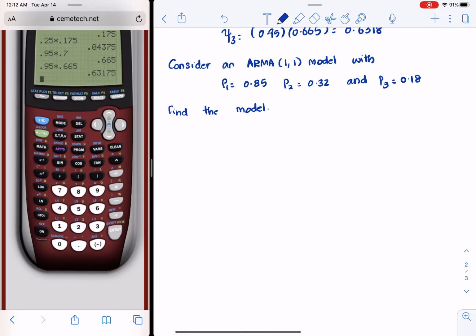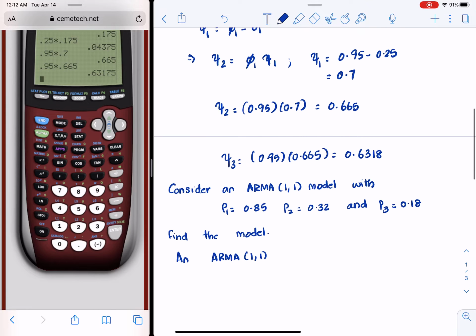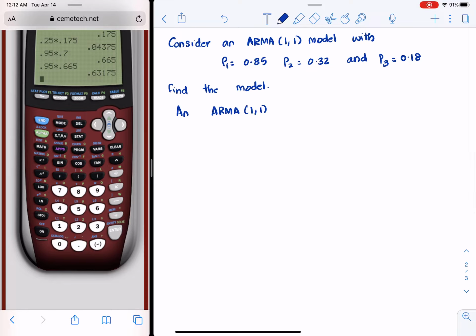We know an ARMA 1-1 model is xt times 1 minus phi 1 times B equals at times 1 minus theta 1 times B. We'd like to find the value of phi 1, we'd like to find the value of theta 1.